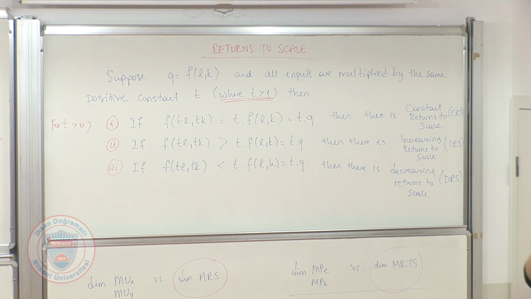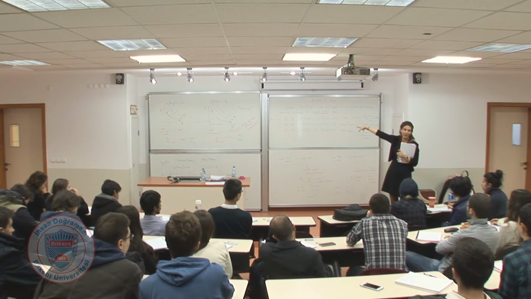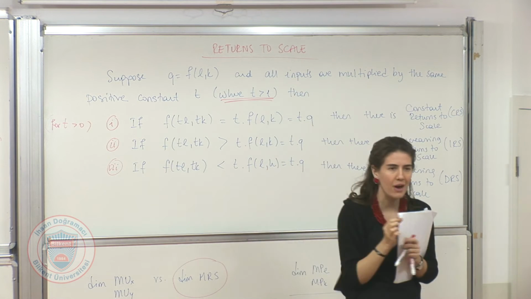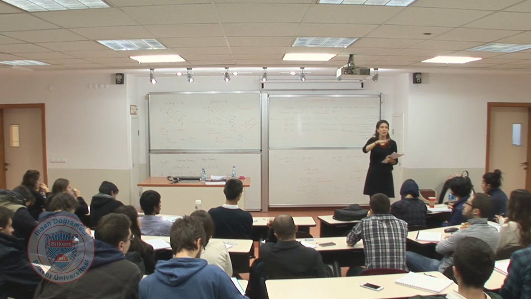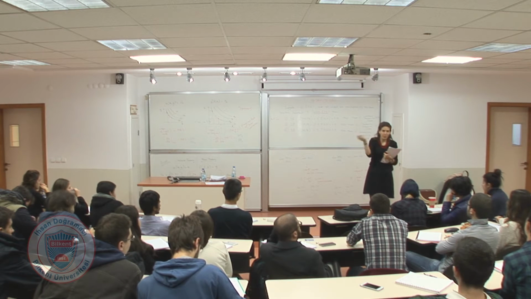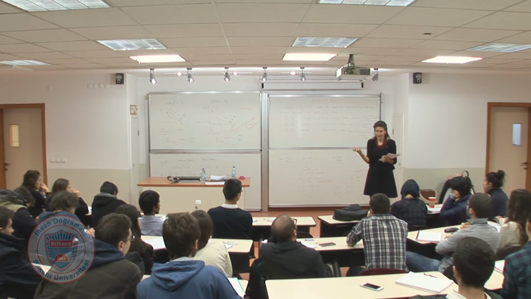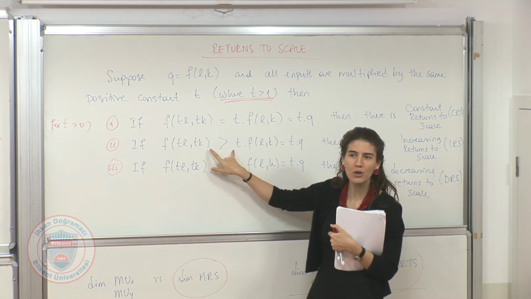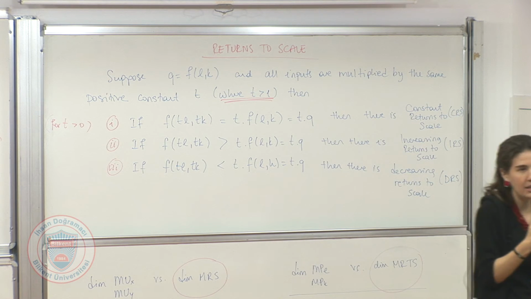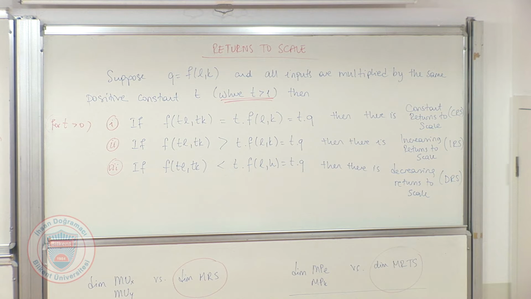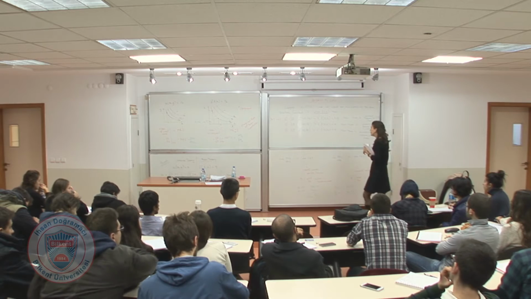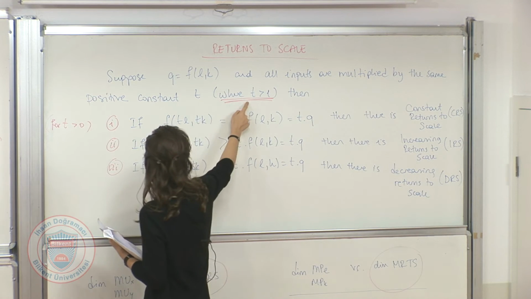It should work for constant returns to scale, right? Because everything works proportionately. If you take half of your inputs, your output is going to be half as well. But here it's going to change the sign. If you take 1/2 and decrease your labor and capital, then if there is increasing returns to scale, the output is going to decrease more than half. So it's going to change the sign. That's why we write t is greater than 1.